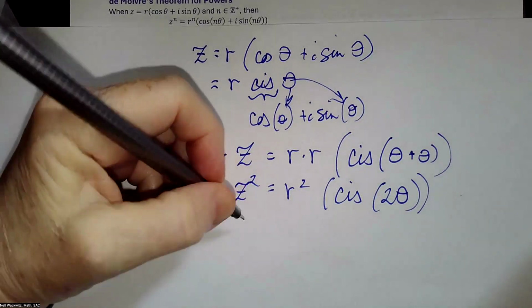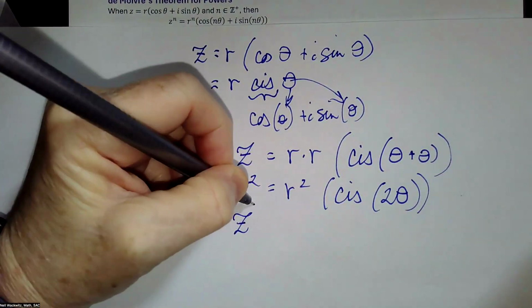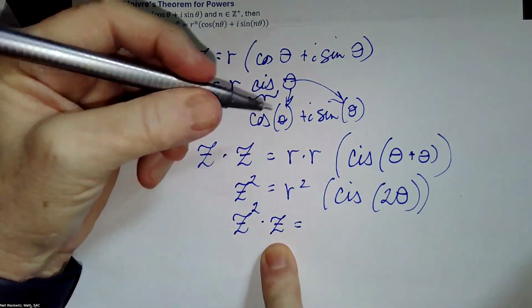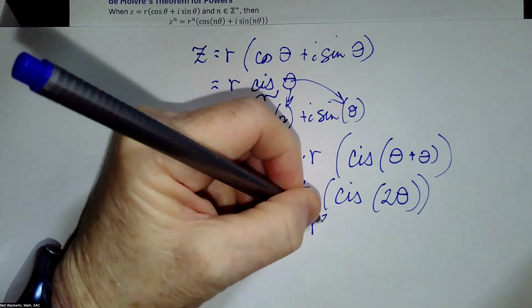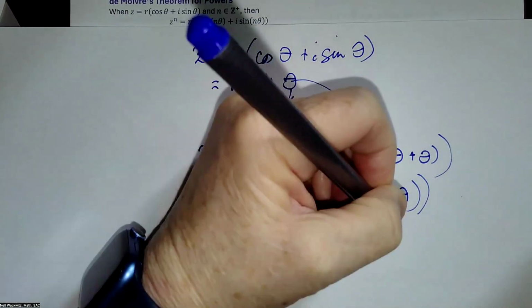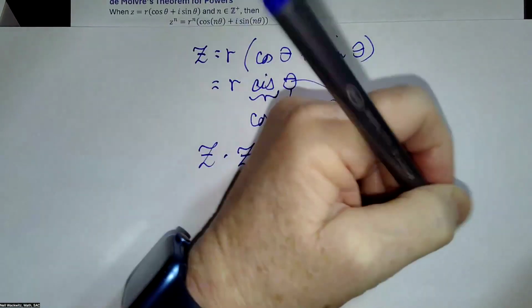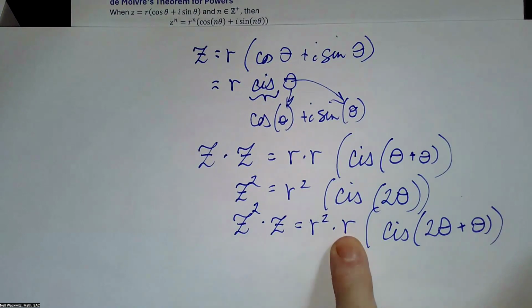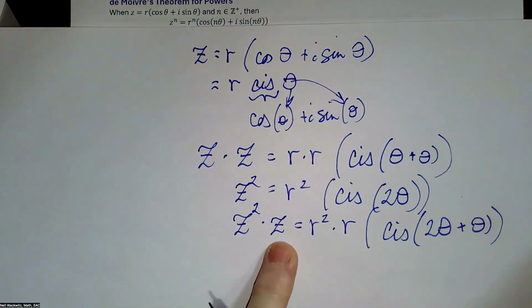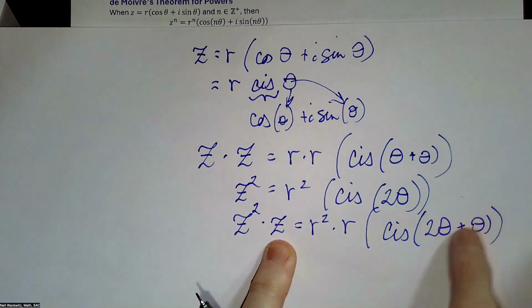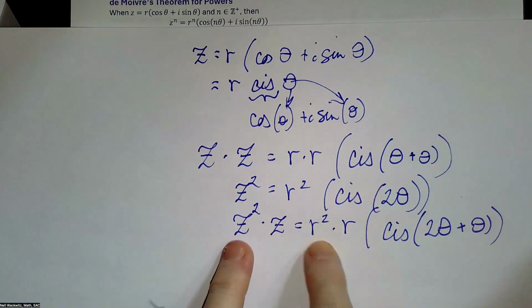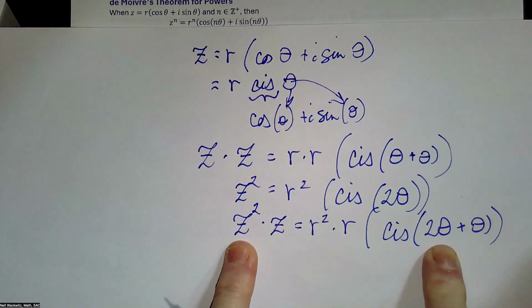And we can do this again. z squared times z is r squared times r cis of 2 theta plus theta, because the modulus of z is r, the argument of z is theta, the modulus of z squared is r squared, and the argument for z squared is 2 theta.